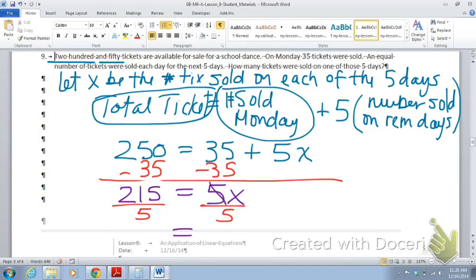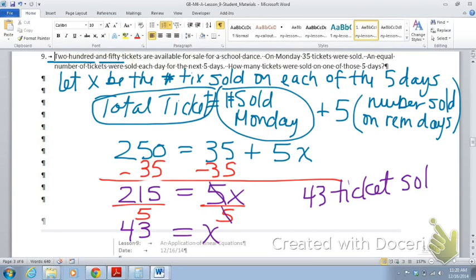So 5 divided by 5 is 1, leaves me with x. 215 divided by 5 is 43. 5 goes into 215, 43 times. So 43 tickets sold each of those 5 days.